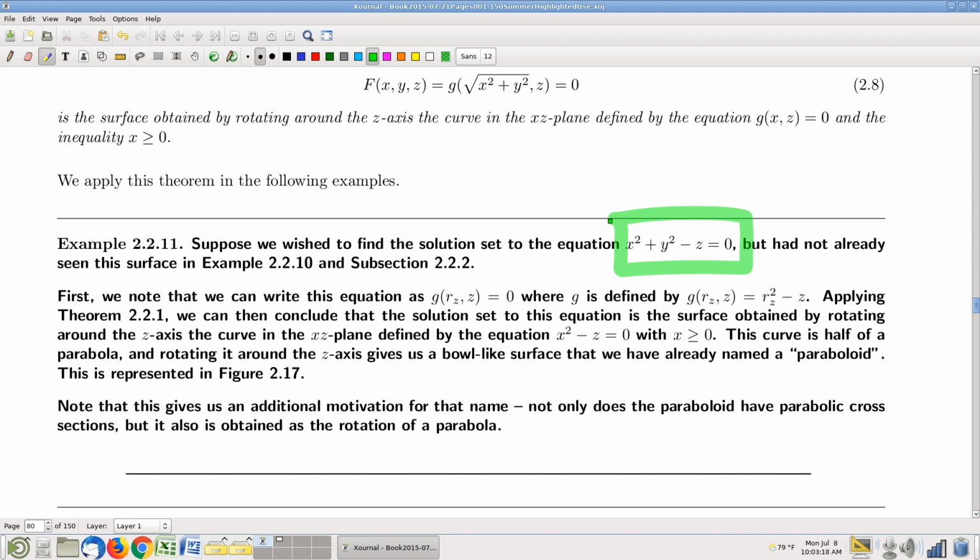Okay. Now let me show you the alternative, an easier way to do it using a rotations argument. I quickly observe x and y appear only in that special form. I know this is rotationally symmetric around the z-axis. Pick any half plane you like.